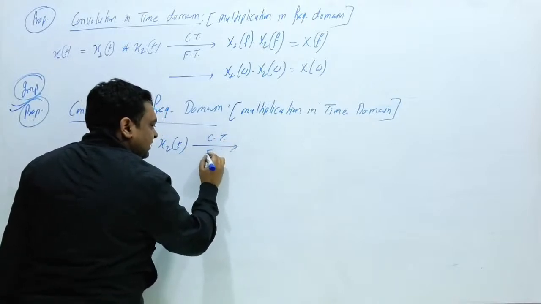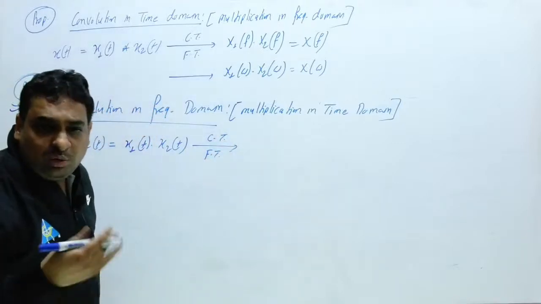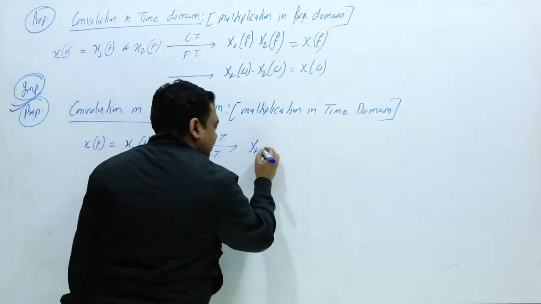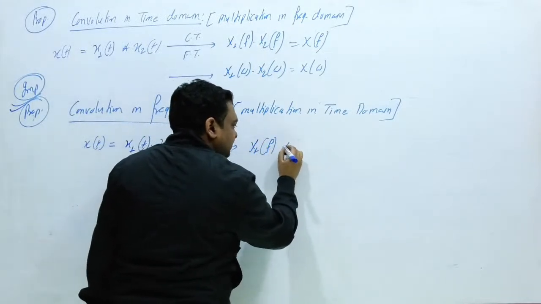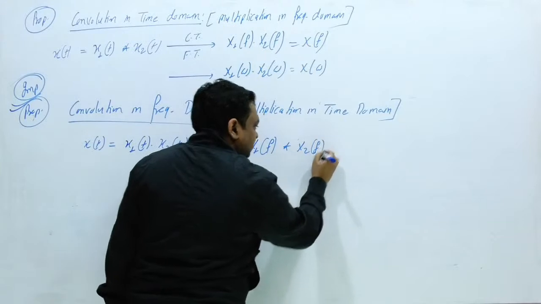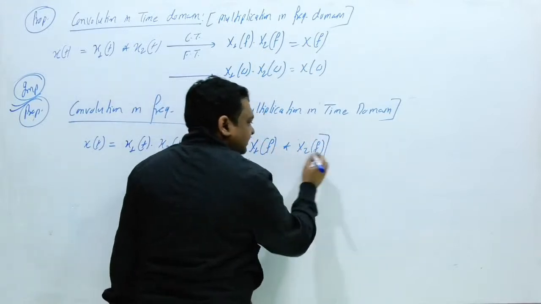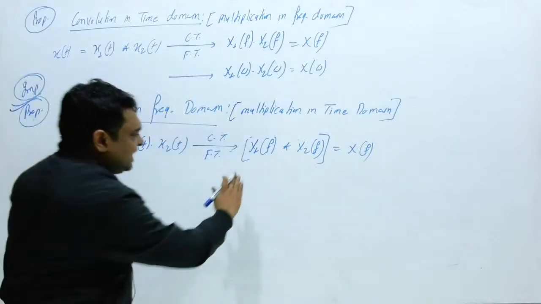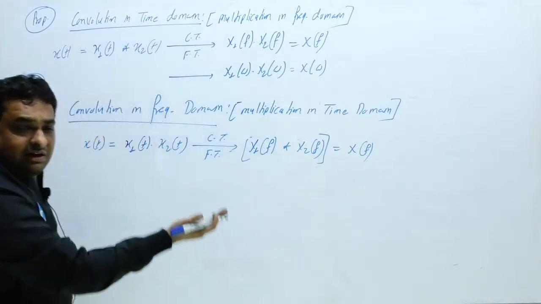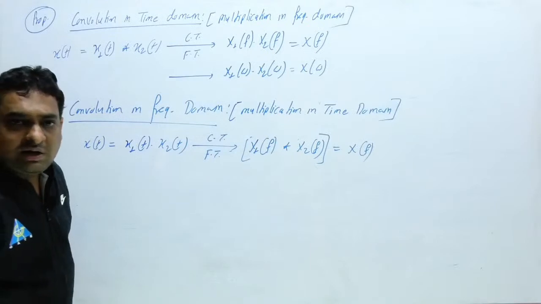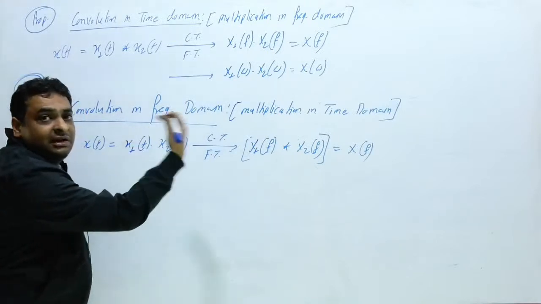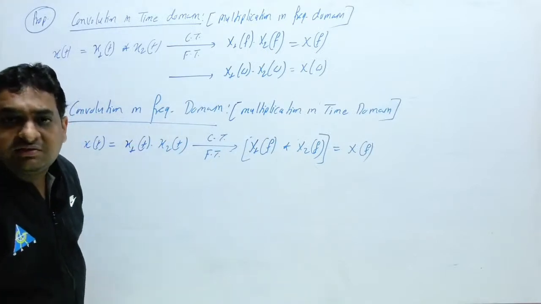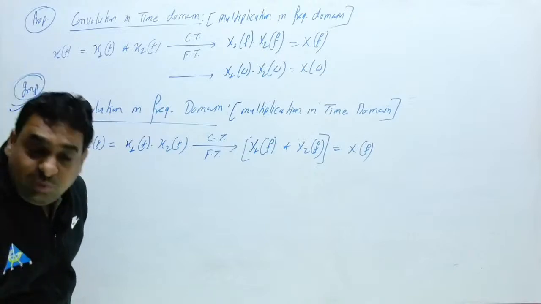The continuous time Fourier transform is nothing but the convolution of both the signals in frequency domain: X1(f) convolution X2(f). So if this side is convolution, then the other side in time domain is multiplication, and if here multiplication, this side convolution. Clear?